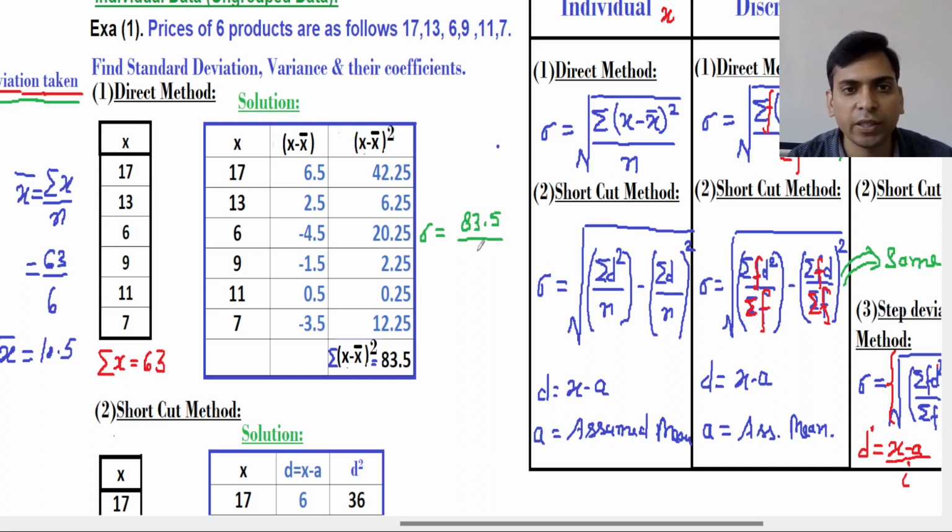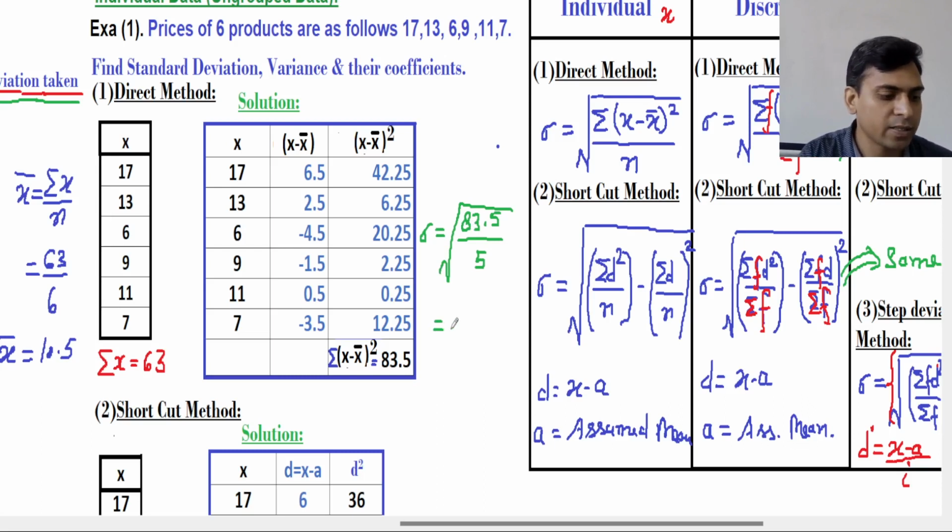N is the number of terms, and then we take its square root. This is 83.5, and the number of terms is not 5, it is 6, so divided by 6.